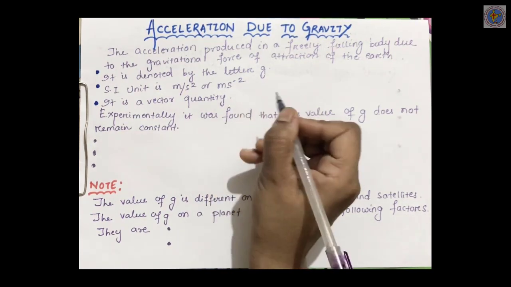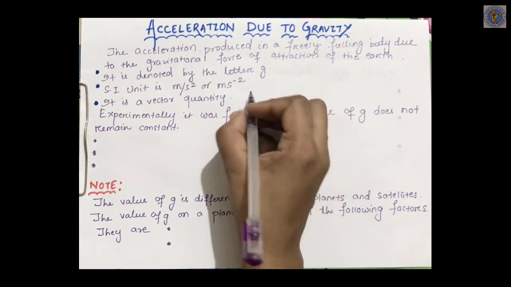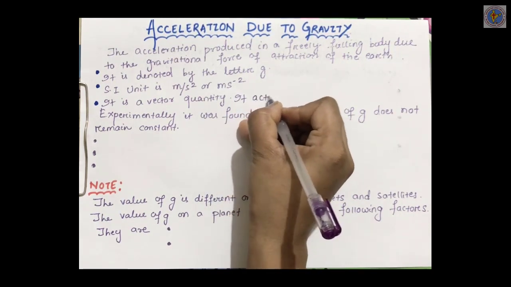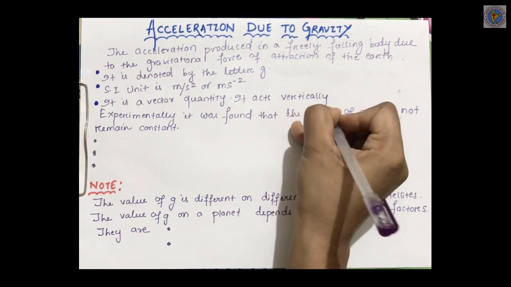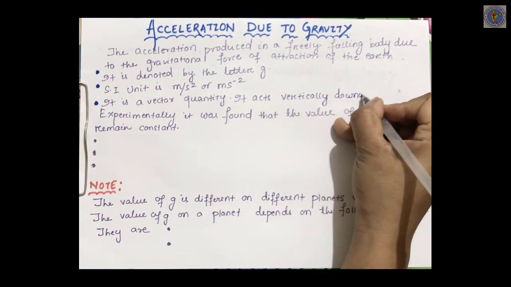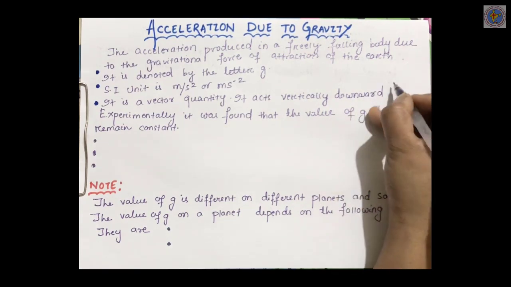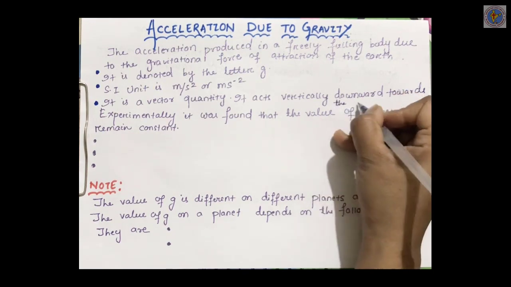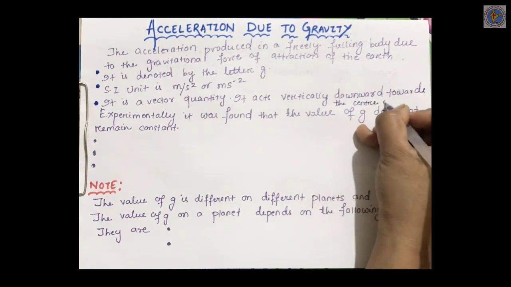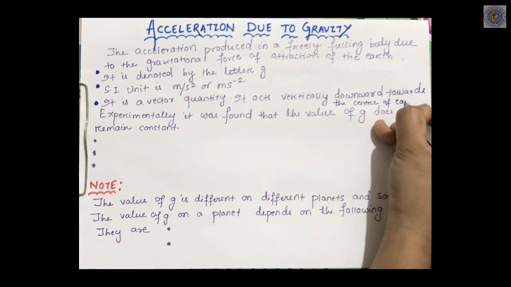So what is the direction of this acceleration due to gravity? It acts vertically downward, towards the center of earth.